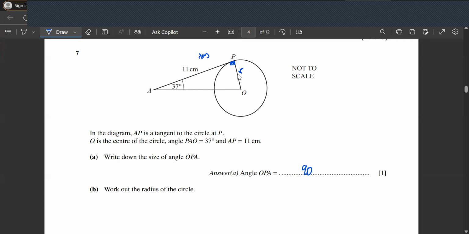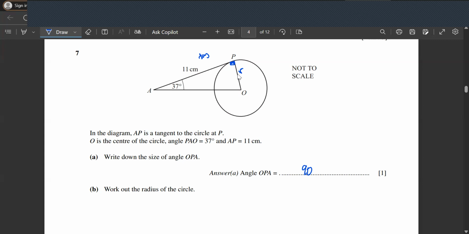Okay. Now work out. And also look here in A, he said write down. Write down means something you know and you will write without any steps. Okay? B, work out the radius of the circle. What is the radius of the circle here? That means he wants BQ. How to do this?